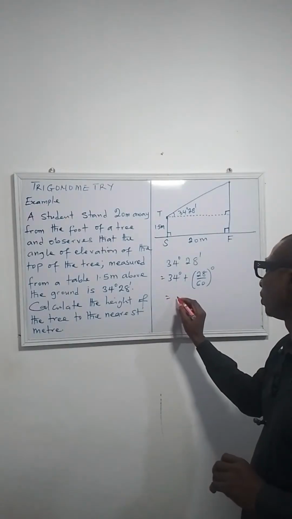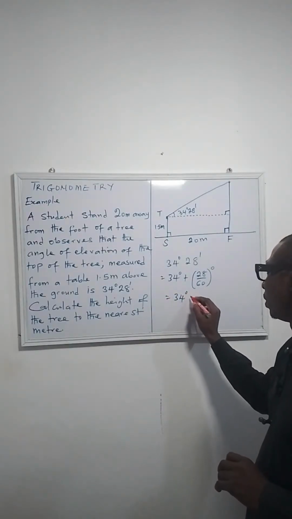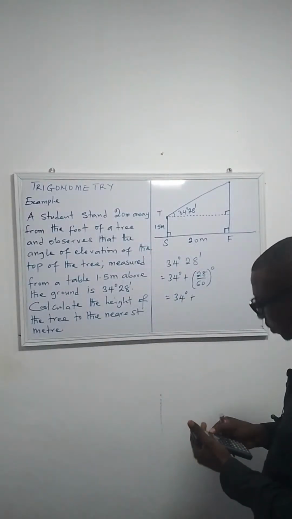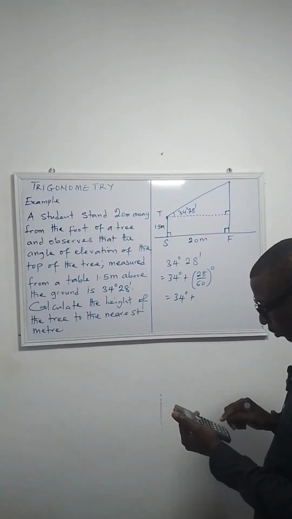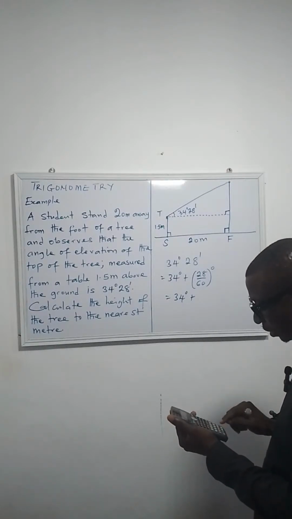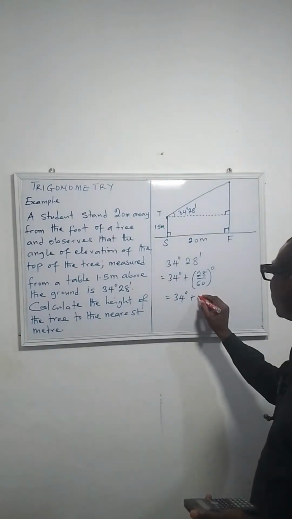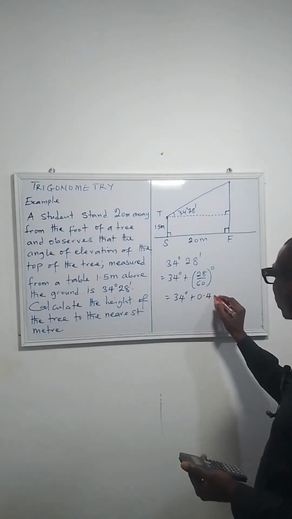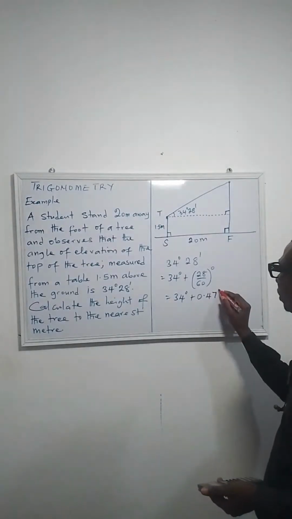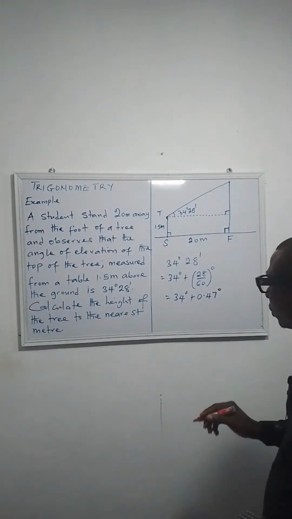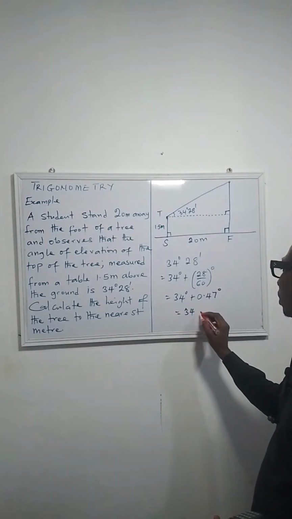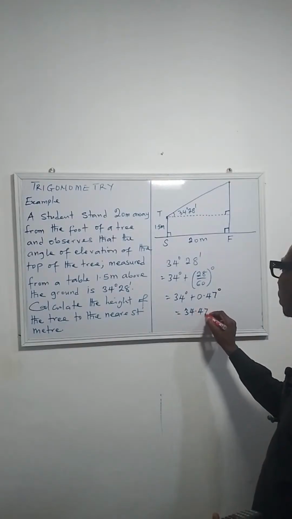So that is going to give you 34 degrees plus. Now let's divide that. You can make use of your calculator. 28 divided by 60. So what do we have? We have 0.46, or let's say 0.47 degrees. So now we have 34.47 degrees.